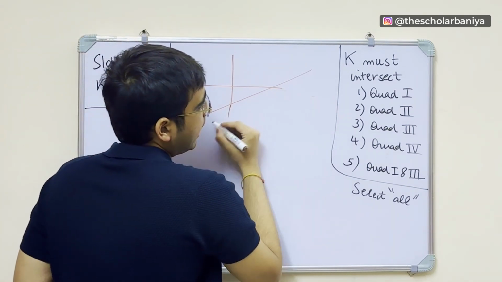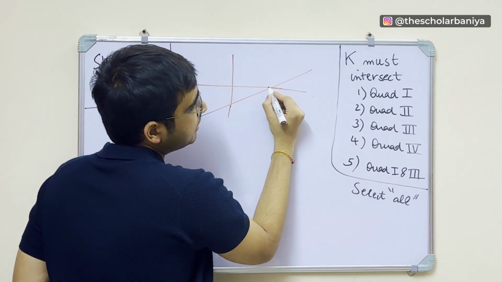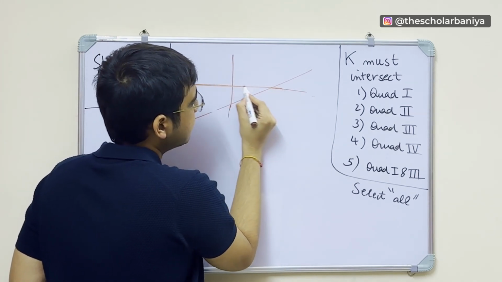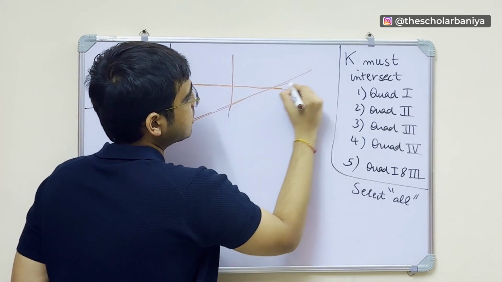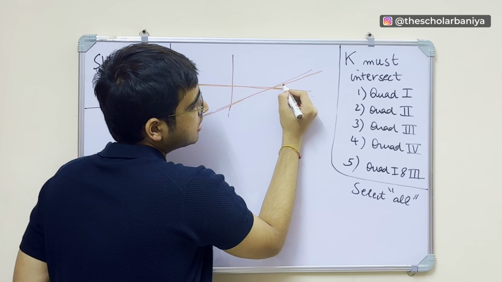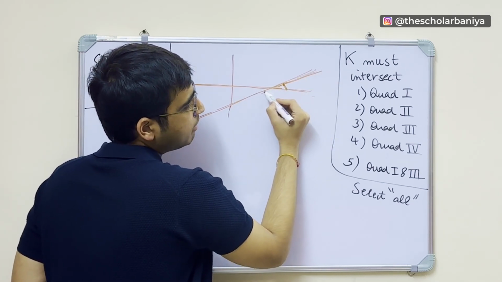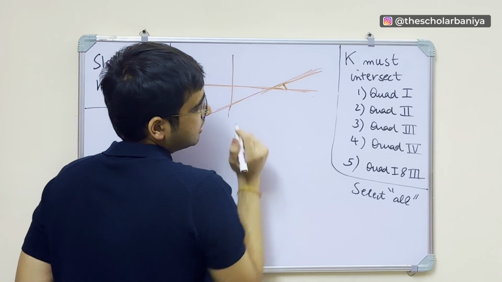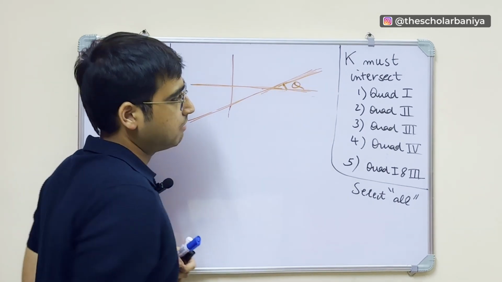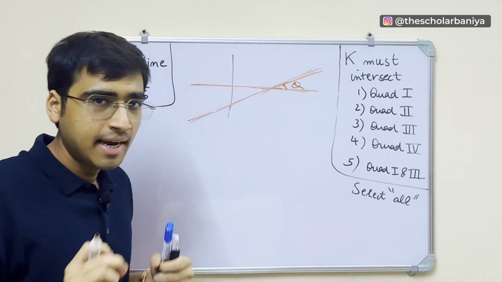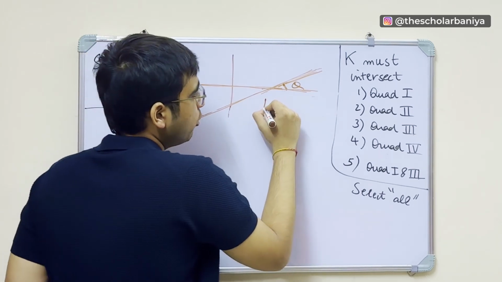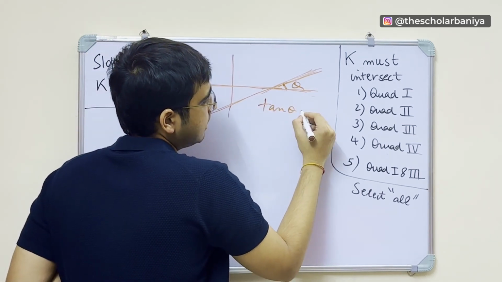The line makes what angle with the x-axis? The x-axis is this, the line is this, right? So we are concerned with this angle, the angle between the line and the x-axis. For example, this is theta, right? So the slope of the line becomes tan theta.